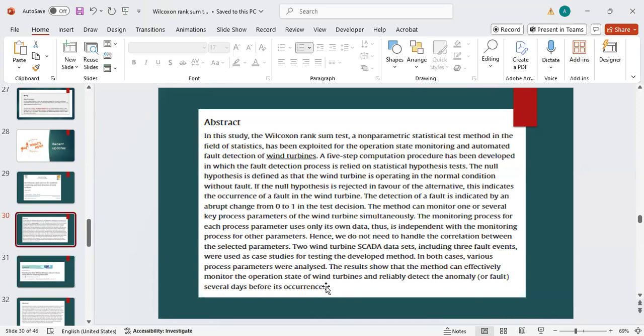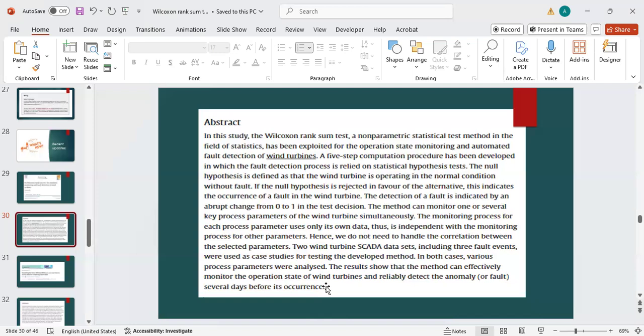In the test decision, the method can monitor one or several key process parameters of the wind turbine simultaneously. A monitoring process for each process parameter uses only its own data, thus is independent of the monitoring process for the other parameters. Hence, we do not need to handle the correlation between the selected parameters.